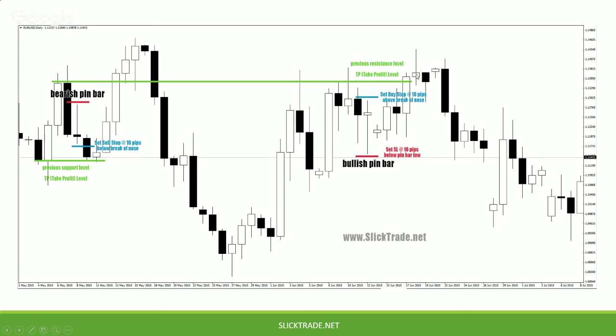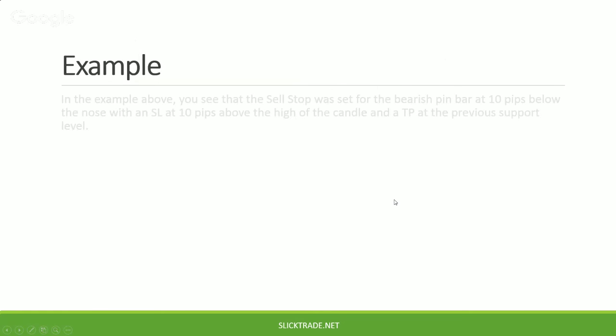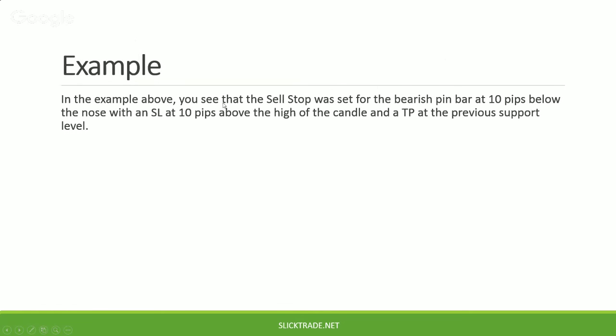Okay, so just something to think about, but don't overthink it. You know, just set it to take profit 1 if you want. Really get used to it, okay, and understanding these pin bars. But there's 2 examples for you. Okay, in that example, well, in the previous slide, you see that the sell stop was set for the bearish pin bar at 10 pips below the nose, with an SL at 10 pips above the high of the pin bar.